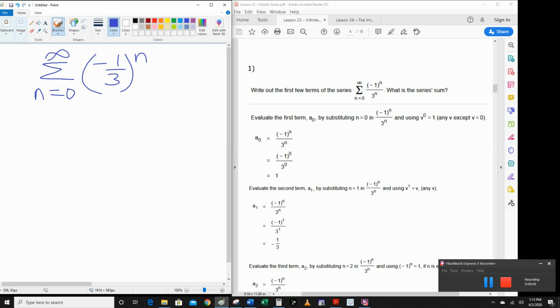But if the ratio is not so obvious, then the simple way to find the ratio is to take your second term in the sequence and divide it by the first term. So that also gives us the ratio -1/3.